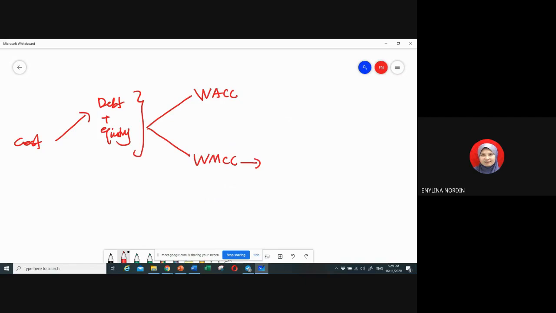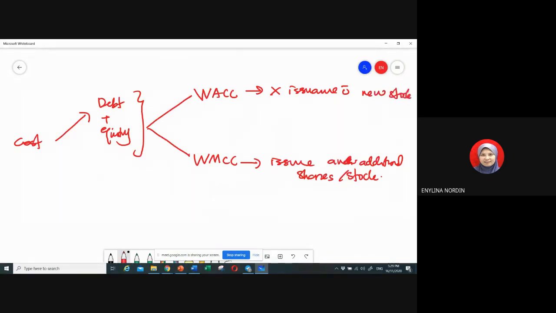This occurs when the company has to issue additional shares or stock. For WACC, there is no issuance of new stock.